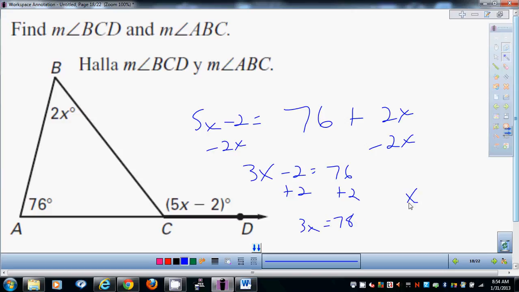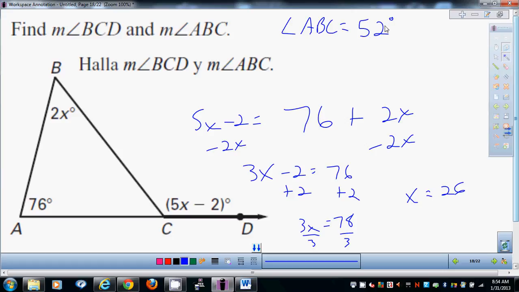No. Plug it in. Now, I assume you guys aren't going to want to draw the picture today, so you actually need to label these angles. This is angle ABC. So angle ABC equals, what's 2 times 26? 52 degrees. And angle BCD is this one.